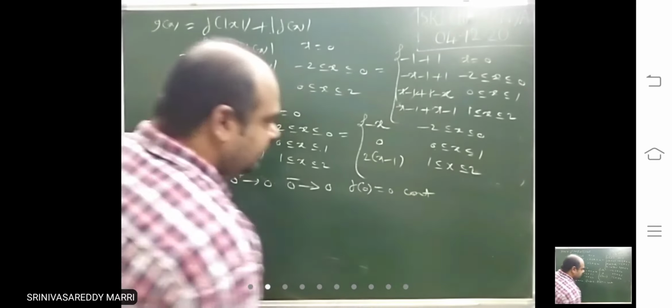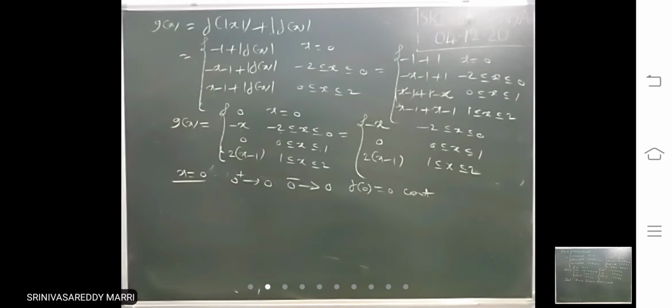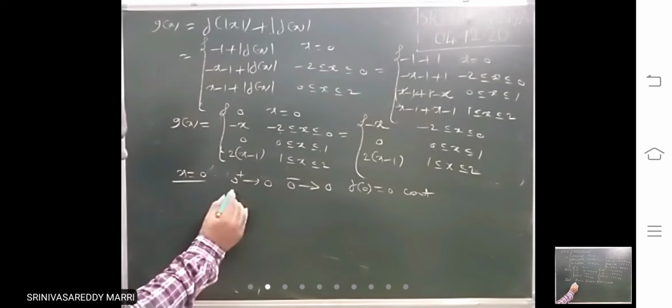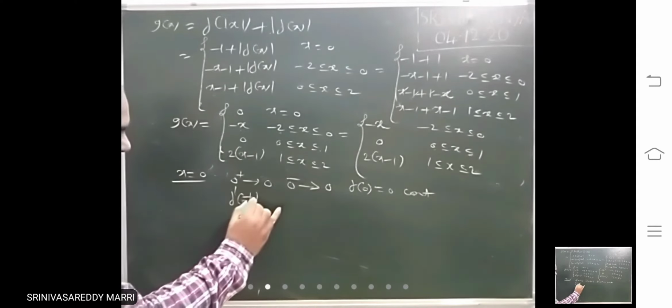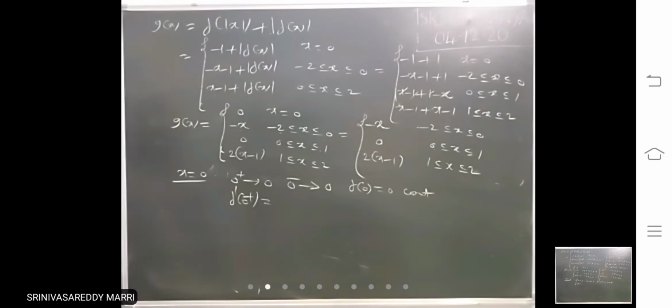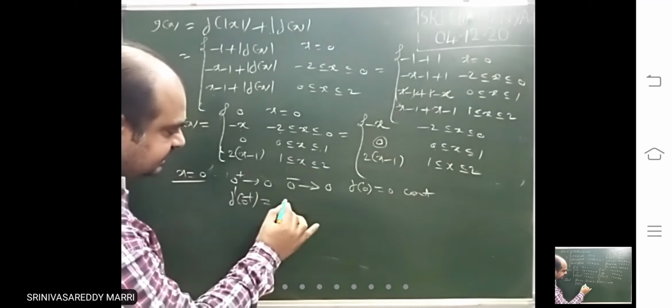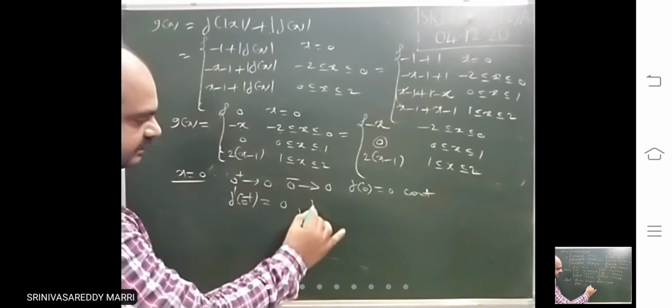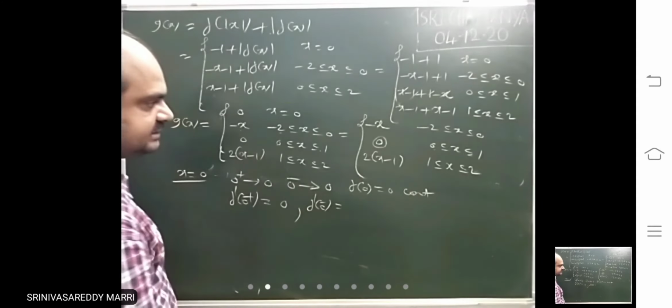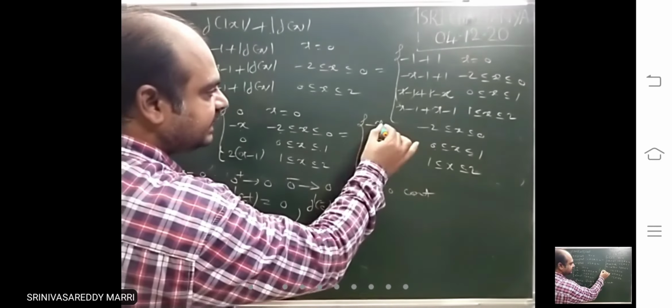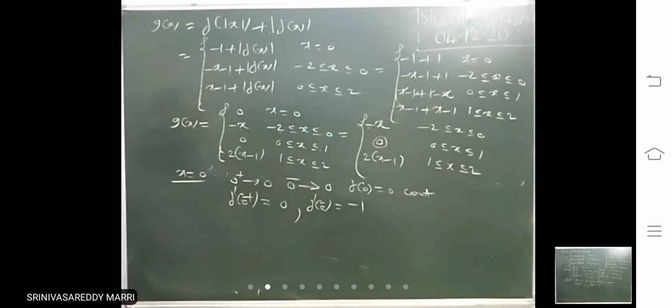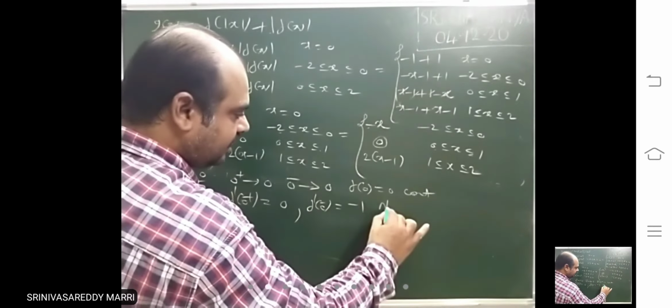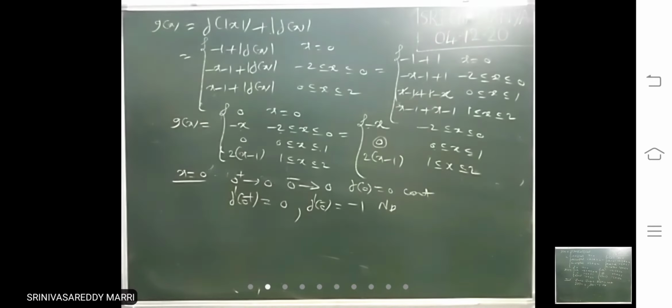Therefore, it is continuous at x equal to 0. Differentiability: f dash 0 plus, right hand derivative. Derivative of this is 0. So f dash 0 minus, derivative of minus x is minus 1. Therefore, not differentiable at x equal to 0.